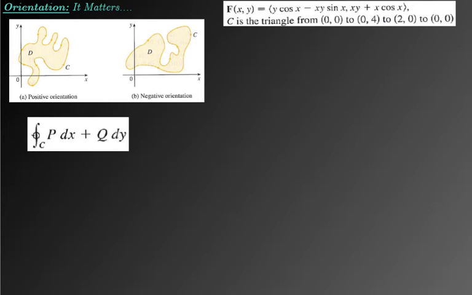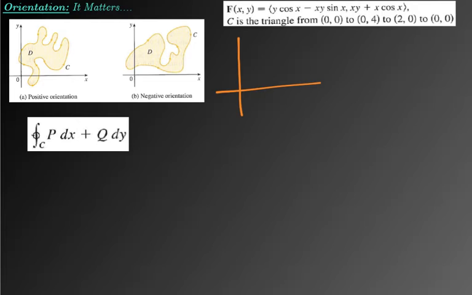So what I do first, okay, is, so this is just some vector field, and if I wanted to do the line integral around this triangle, I first want to see what direction things are going. This is the first thing whenever I do any of these problems that I'm looking into.